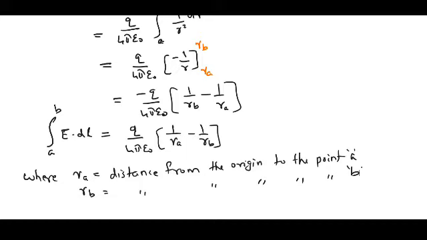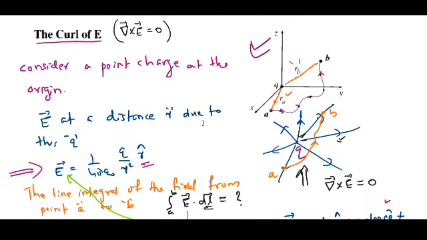Now if I consider a closed path, then while taking the integral, both the point a and b will be at the same position.